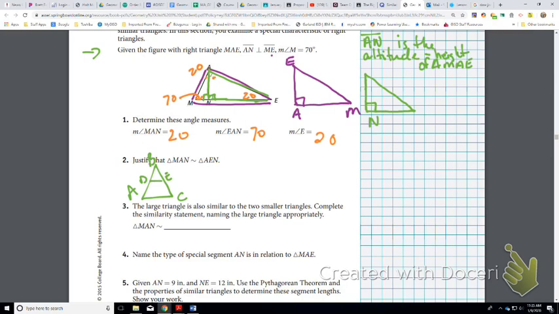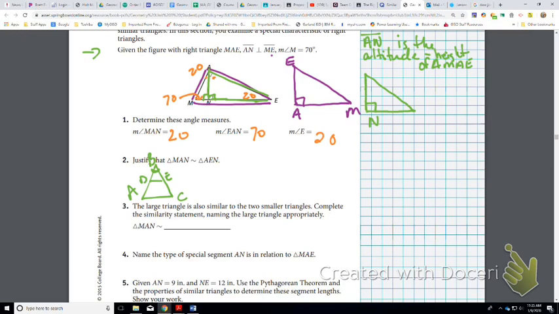What was unique about this angle right here? It was that shared angle, and that was our reflexive property from congruency. This is the trick you're going to use to set up the two inside ones.